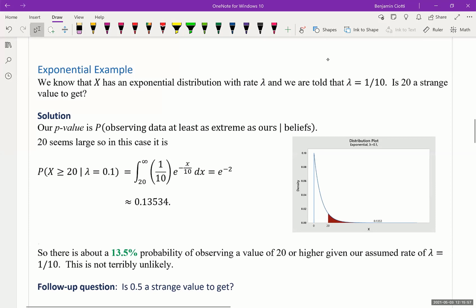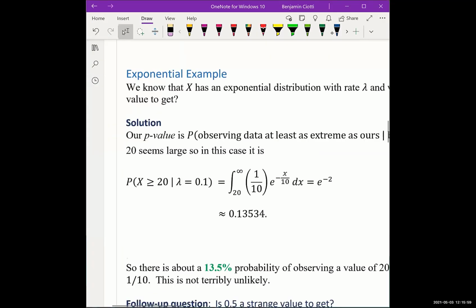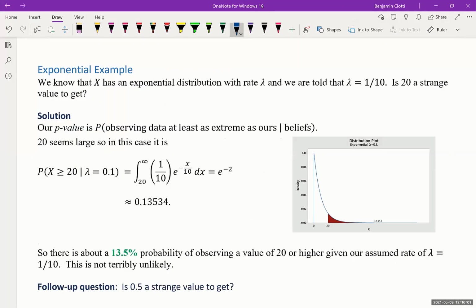Notice that if the rate is 1/10, then a typical value of this distribution would be 10. 20 is to the right of 10, so the probability of getting a value as extreme as 20 is the probability that X is greater than or equal to 20. It ended up being 13.5%.